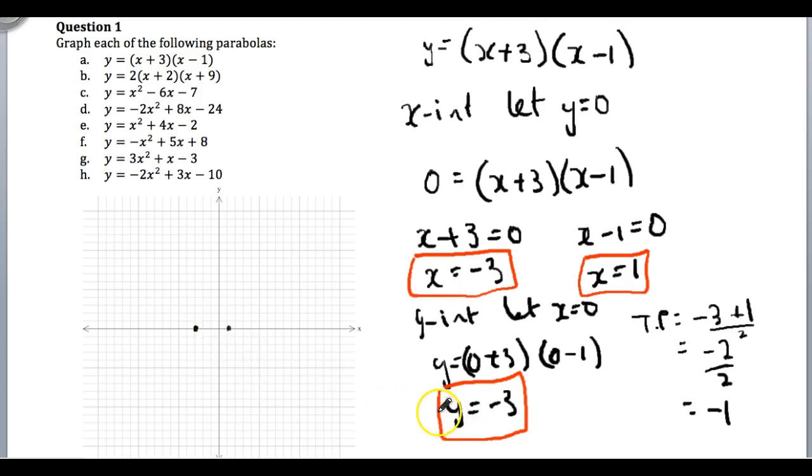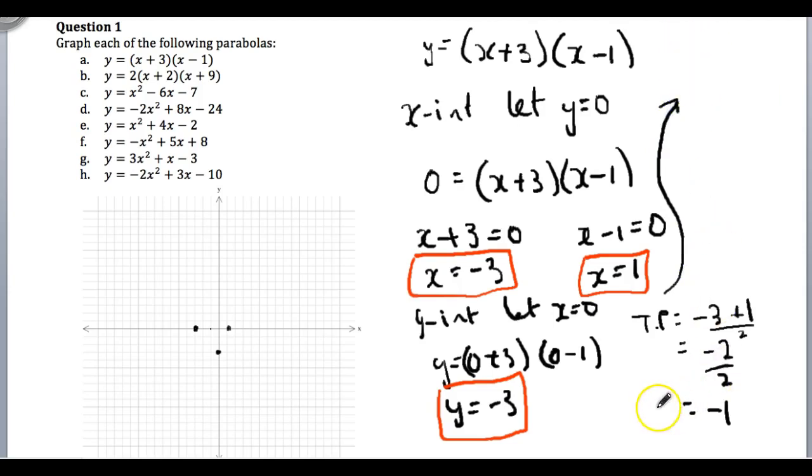We have a y-intercept at -3, which is here. And my turning point is at -1, so halfway between these two, and you can see that's right. So the x-coordinate of our turning point is there, but we also have to find the y-coordinate.